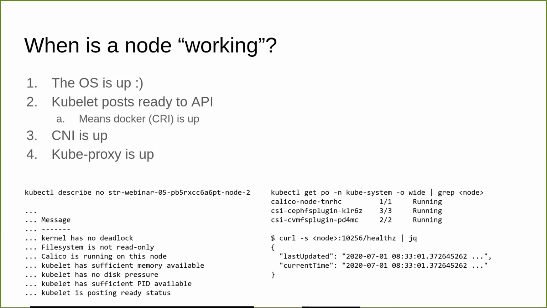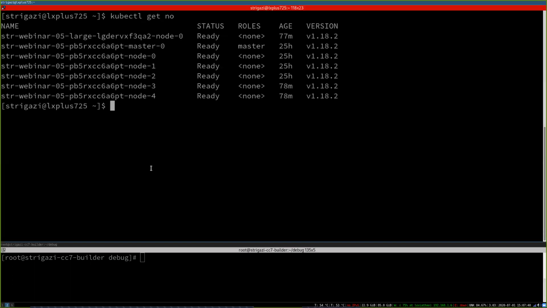So now we'll go inside the node and we can check and see how this looks like. So this is my cluster that I took this information from, and we will SSH now into node 0. This is a Fedora CoreOS machine, so you SSH with core, and this is the host name.